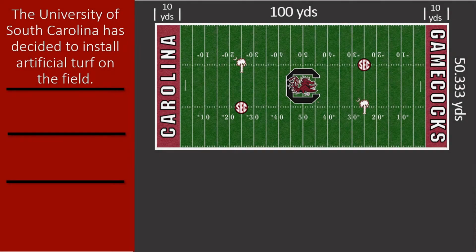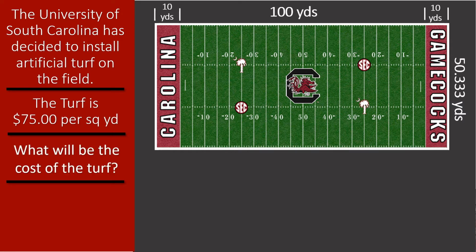The University of South Carolina has decided to install artificial turf on the field. The turf is $75 per square yard. What will be the cost of the turf? Well, what do we have to do first? Initially, you don't worry about the cost.